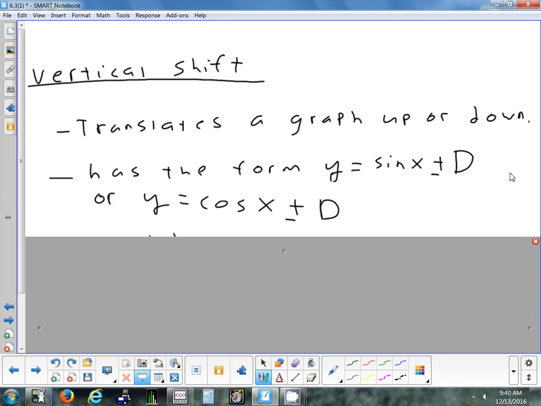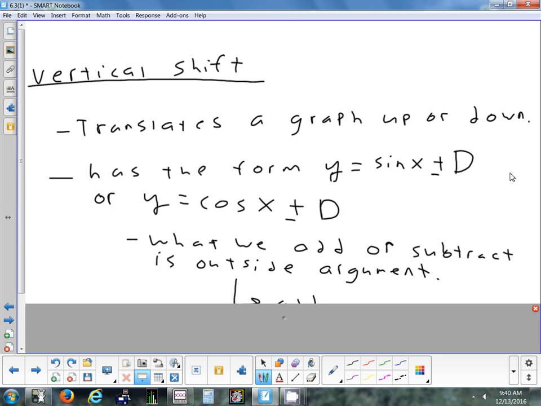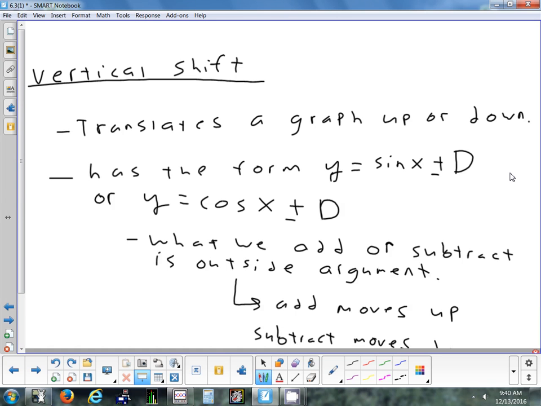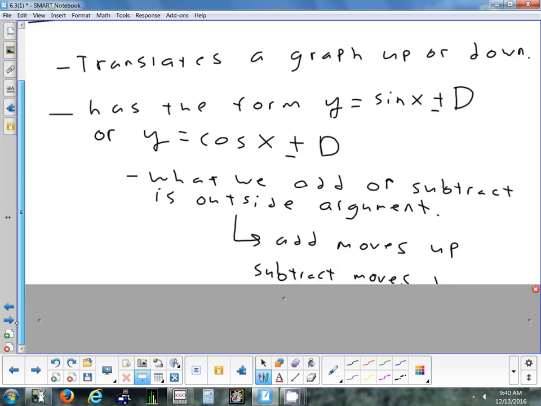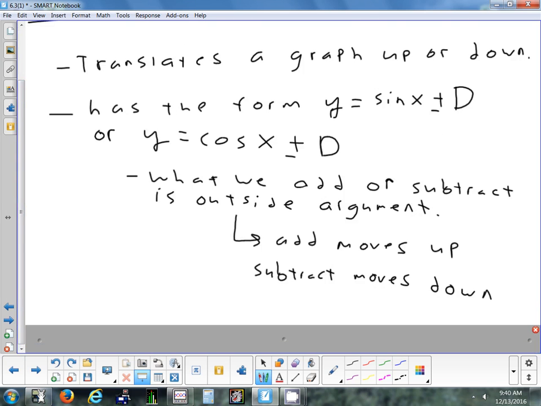Now, you saw what I just graphed. I graphed sine of x and sine of x plus 2. When you put plus a number, what direction did that move it? Up. Minus a number would move it down. So this kind of transformation, don't do the opposite. In general, the rule is, when do you do the opposite?